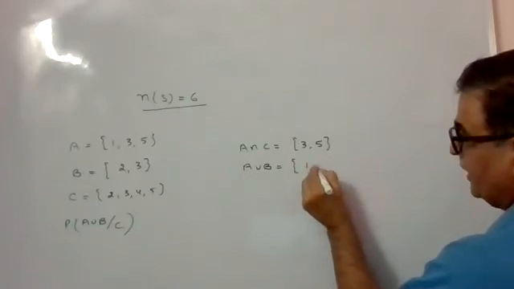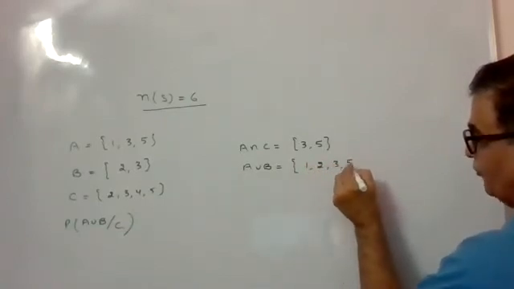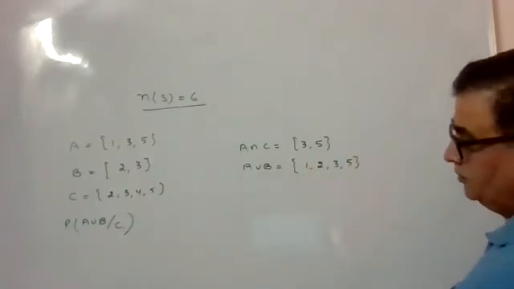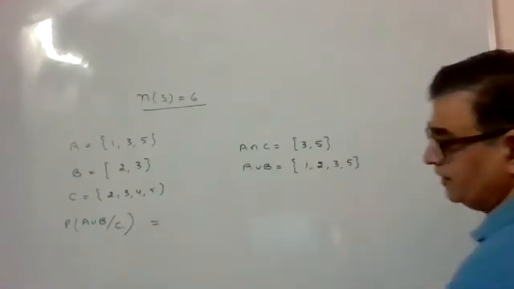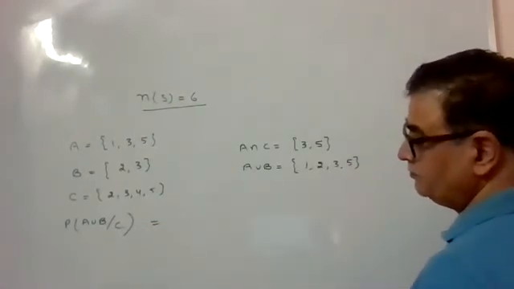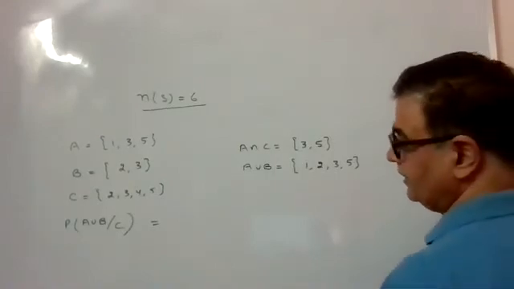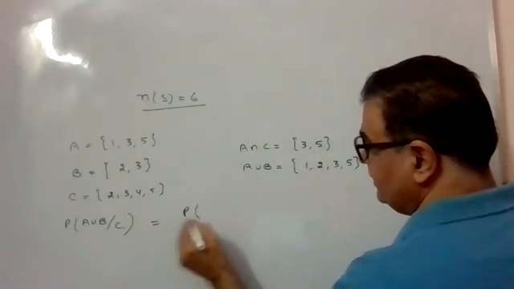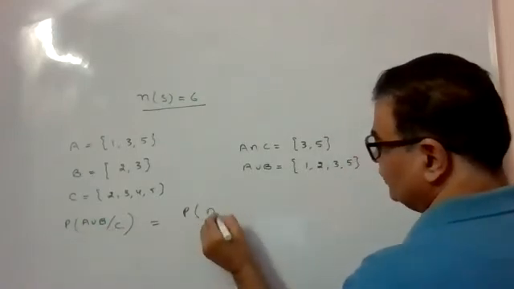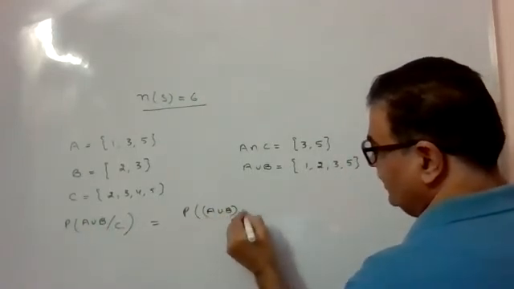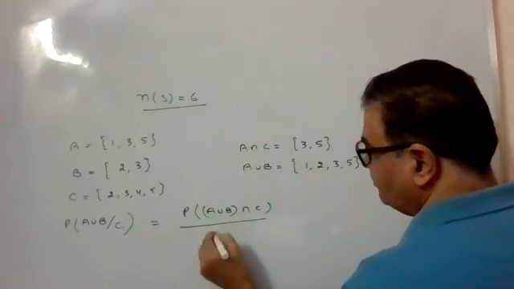A union B हो जाएगा 1, 2, 3 and 5. And now I want this P(A union B | C). What the formula says? P of intersection of these two, that is (A union B) intersection C by P(C).